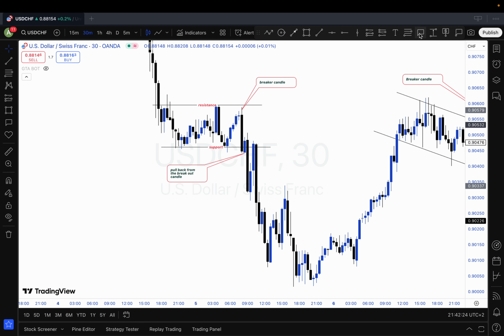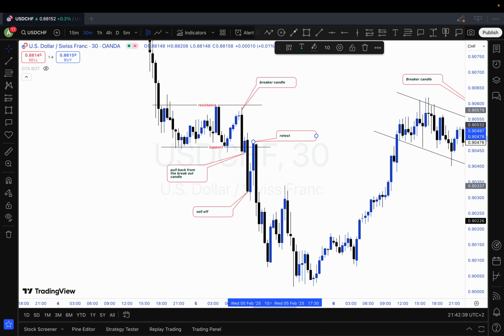We have this to be the sell-off. So that's a sell-off because the candle actually came here. Let me just put the sell here, and then we have this to be the retest for a new sell entry.